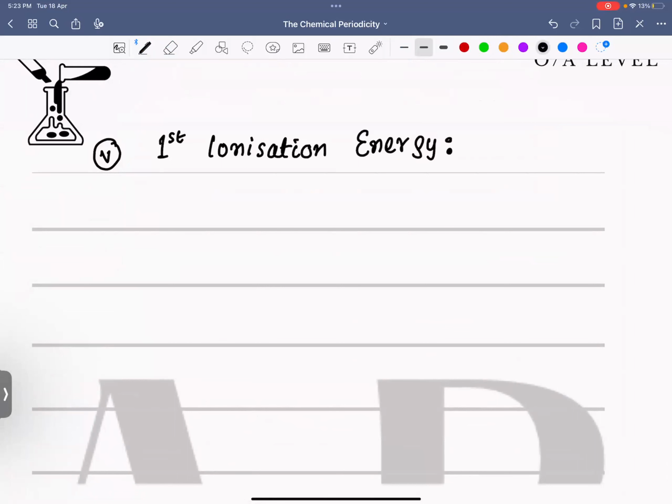So the ionization energy graph, you all are familiar with that ionization energy trend.